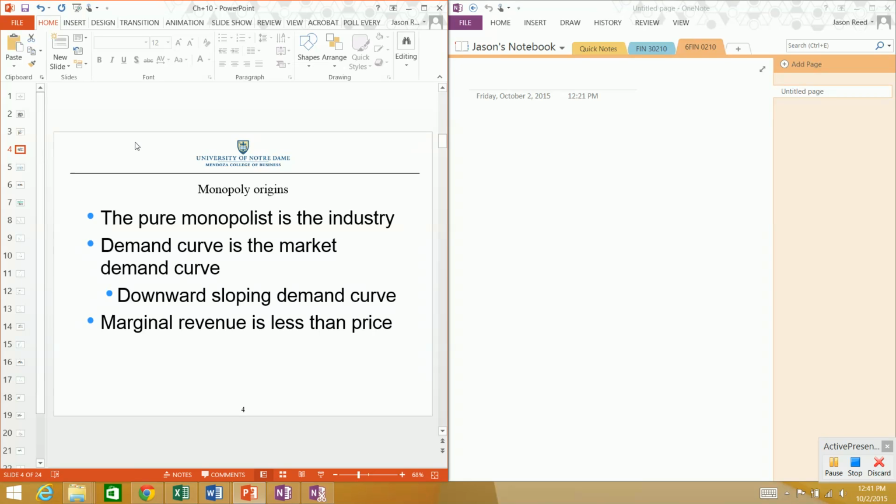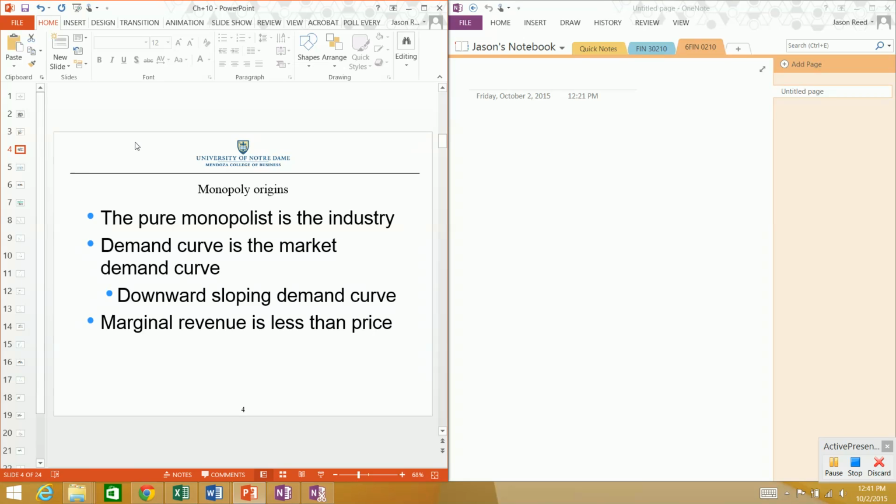And if this is the case, we can use slide 4 as our tools to developing this profit maximization. We are going to deviate from this a little bit later on and talk about how a monopolist can be a multi-price monopolist and what that means.